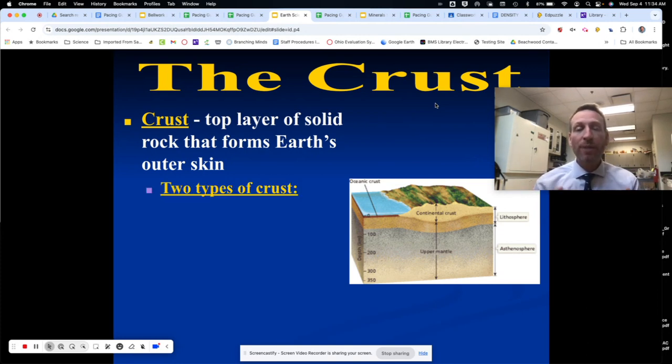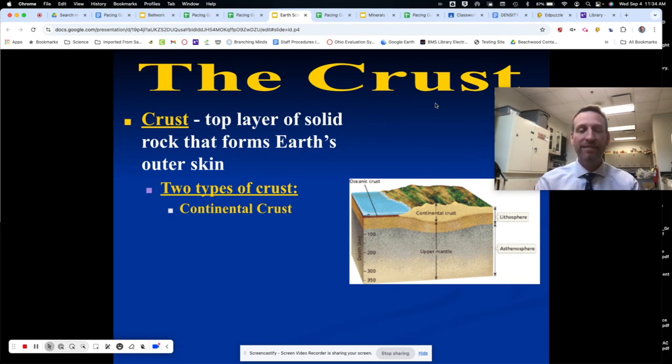Now, what is probably new material to you guys that you didn't learn if you learned things about the layers of the Earth in elementary school is that there's actually two different types of crust, and you're going to need to know these. The first one's called continental crust. And if you're looking at the diagram here, you can see the continental crust is like that brown or tan color. And it's called continental crust because it's below the continents.